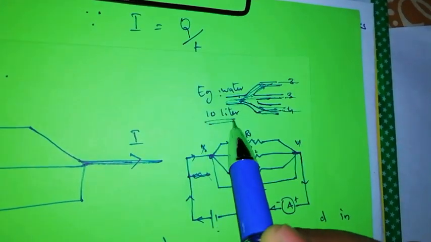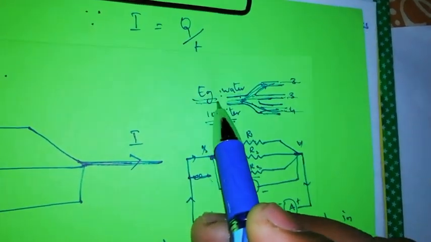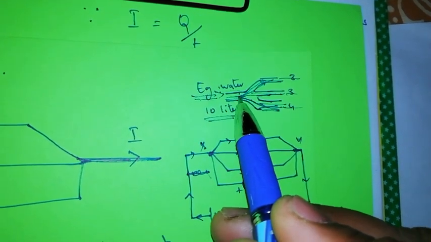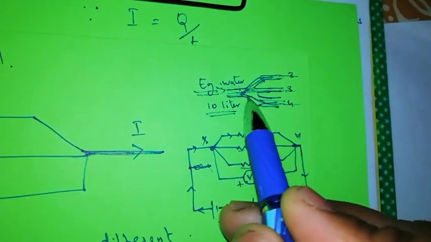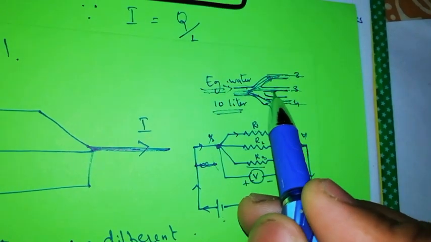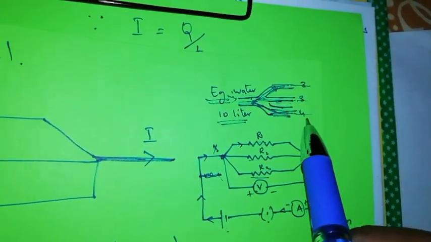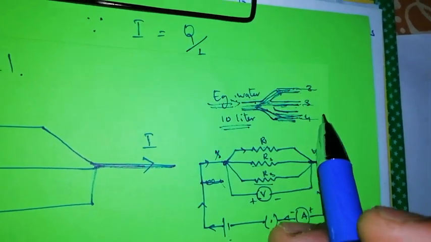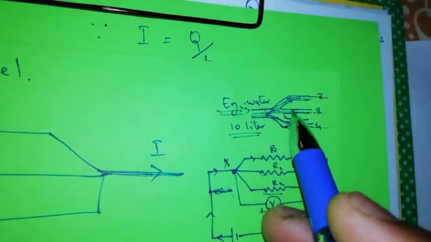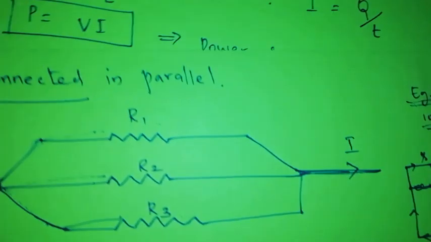For example, if 10 liters of water is coming in this big pipe, it will be distributed equally among three small pipes, like 3.5, 3.5 and 3.5 or something. So the water will be distributed equally. That is what happens here.